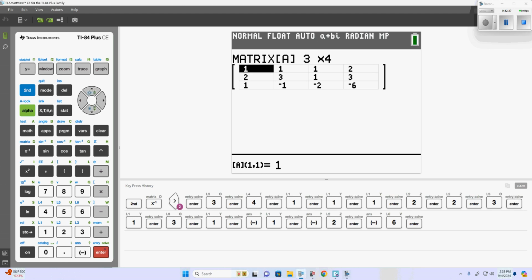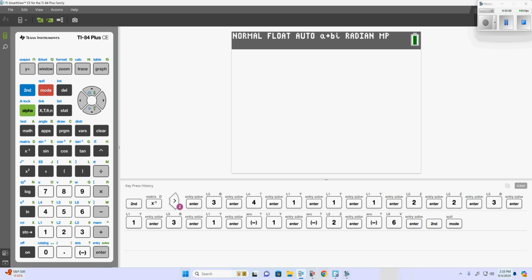If you see all the blue text above each button, when you hit second, it's going to do that. The blue writing above the mode button is quit. So second mode is second quit. Once you get it typed in, we go second mode to get back here.